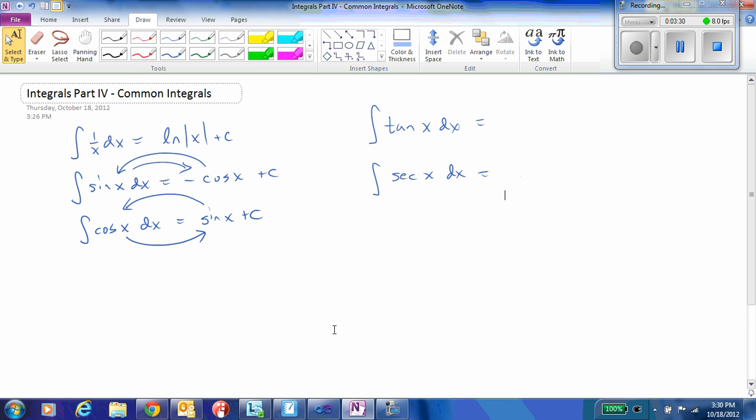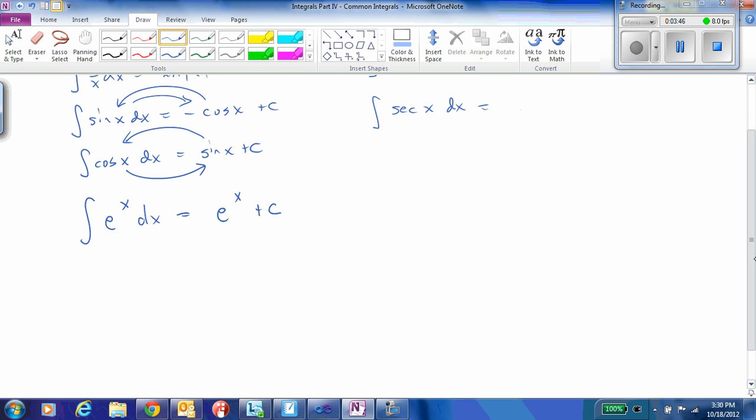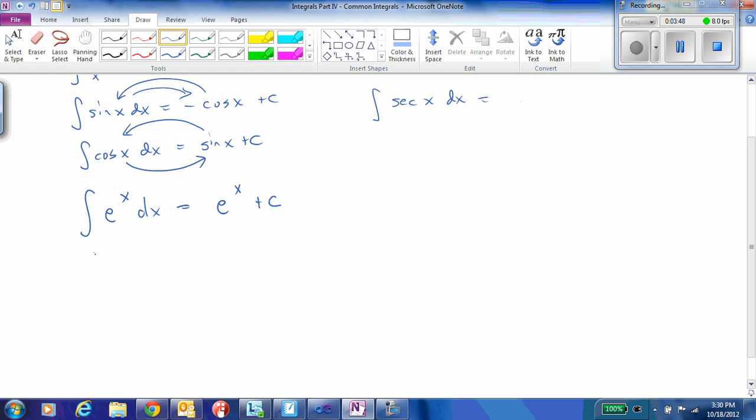A couple others that are in the really easy column are the integral of e to the x dx. This is the easiest integral out there because the answer is e to the x. So it is itself. And if you had, for example, the integral of e to the ax dx, this is equal to a e to the ax plus c.